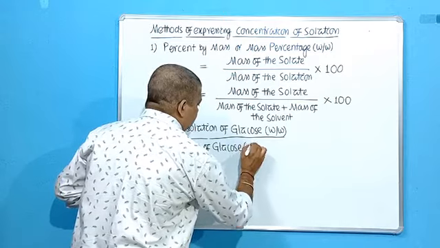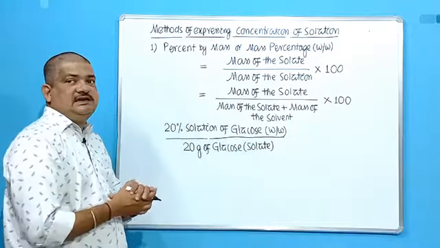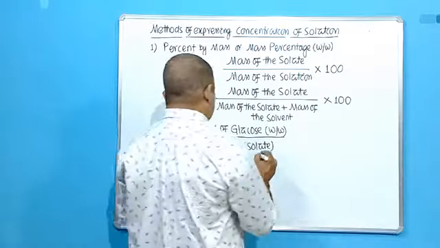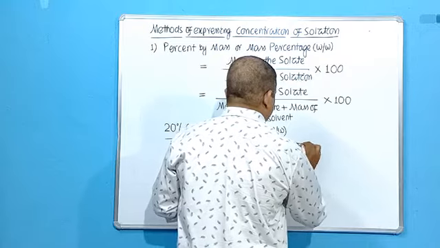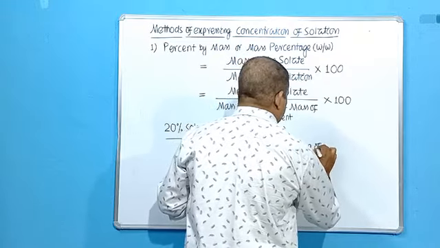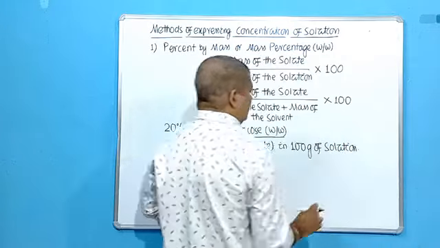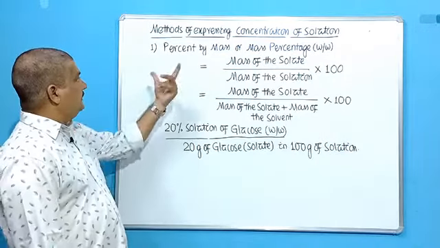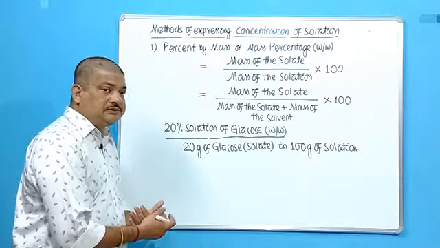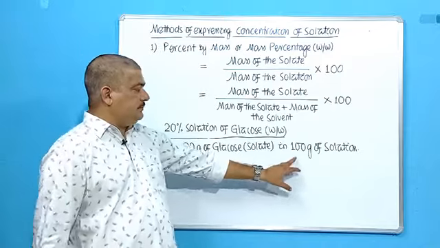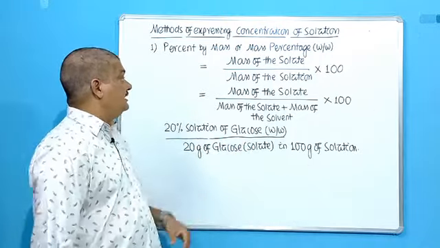Glucose is the solute, formula C6H12O6. 20 gram of glucose is present in 100 gram of solution. So this is the basis. How to define percent by mass or mass percentage? It is the mass of solute in grams present per 100 gram of the solution. We can redefine it like this.